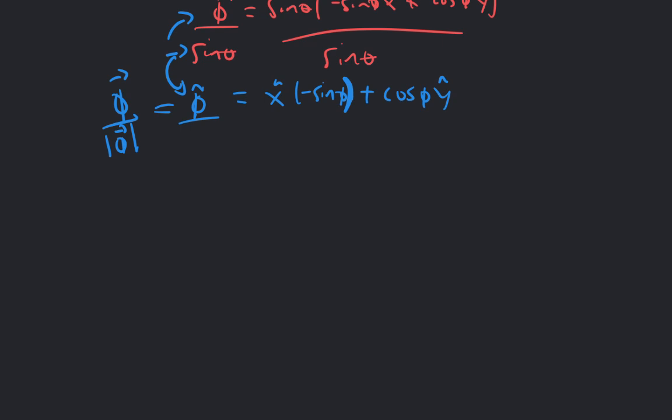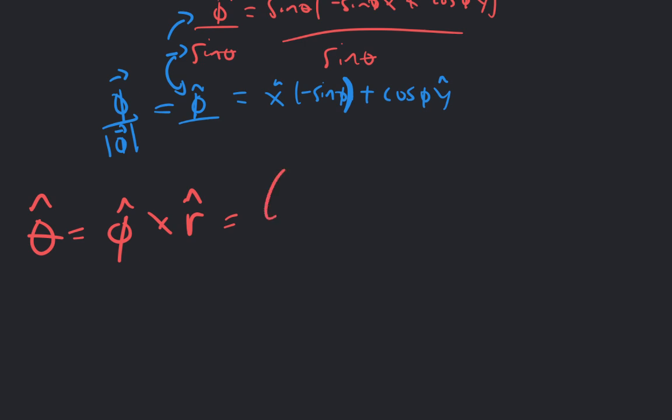That just leaves theta unit, or theta hat. To get theta hat, we can take phi hat and cross product with r unit. And this is a little tedious too.